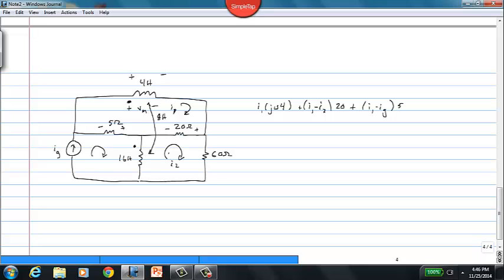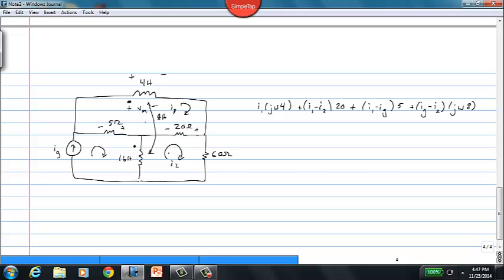We see that it points in the same direction as the self-induced voltage across the 4 Henry inductor, and so therefore the last voltage in the mesh current equation for the top part of the circuit is going to be plus IG minus I2 times j omega times 8. So that's for the top mesh.